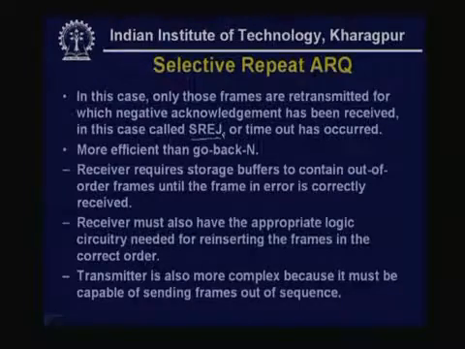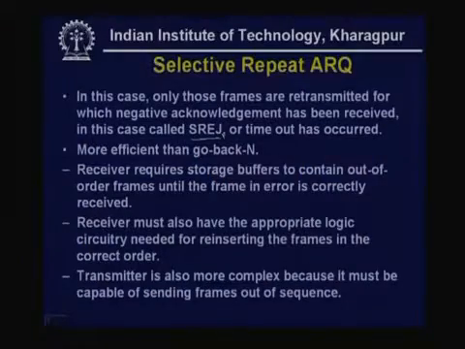We have seen that in case of go back N, the transmitter is going back to some previous number and it sends a number of frames which were already transmitted. That is not done in case of selective repeat ARQ. And as a consequence, it is more efficient than go back N ARQ.